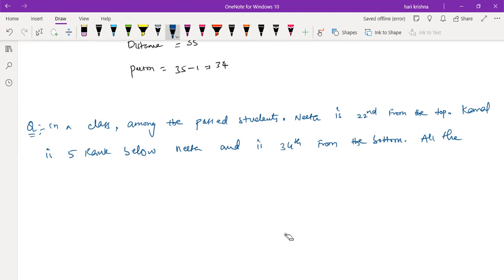All the students from the class appeared for an examination.